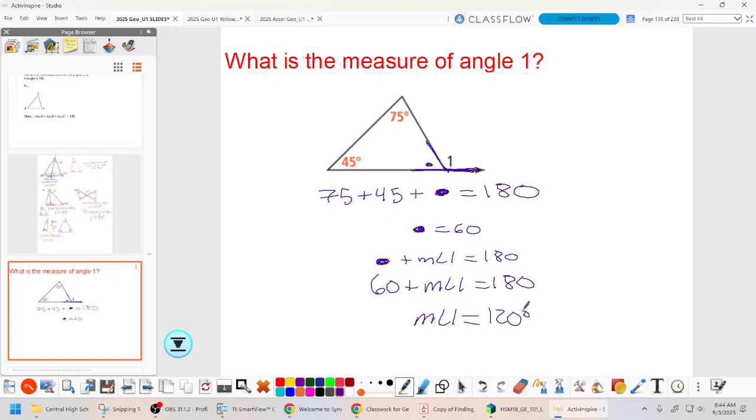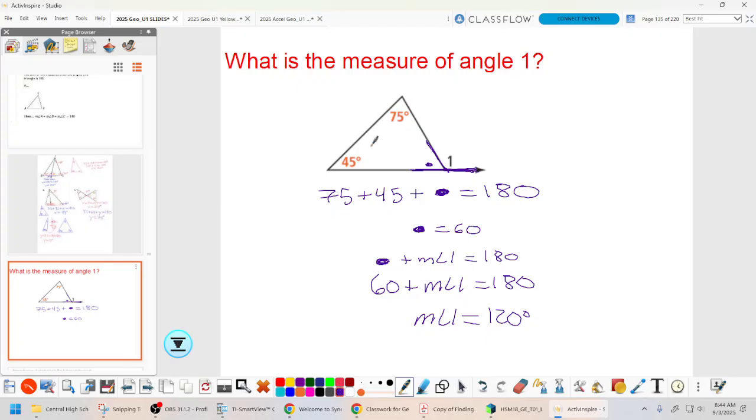Now, what's cool, there's a separate theorem. You don't have to use it, because we just showed that we can find the measure of angle 1 without it, but it is the sum of these two opposite angles. So 75 plus 45 is 120, and that will always be true. This is called an exterior angle.